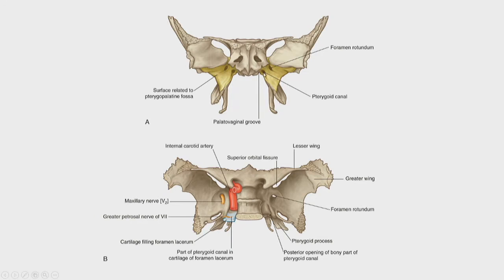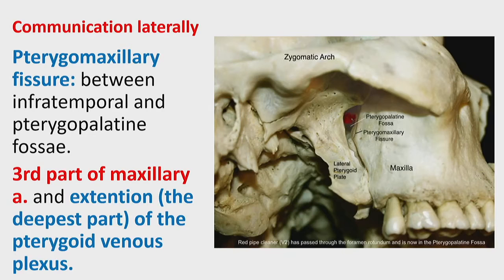So it's the pterygoid canal, and through the pterygoid canal it passes the greater petrosal nerve, deep petrosal nerve, and arteries of the pterygoid canal, or Vidian canal is another name.